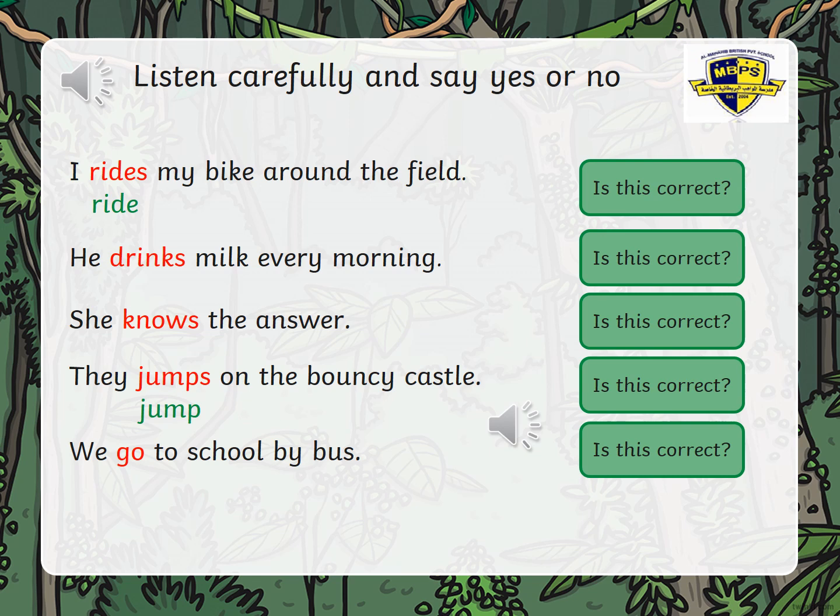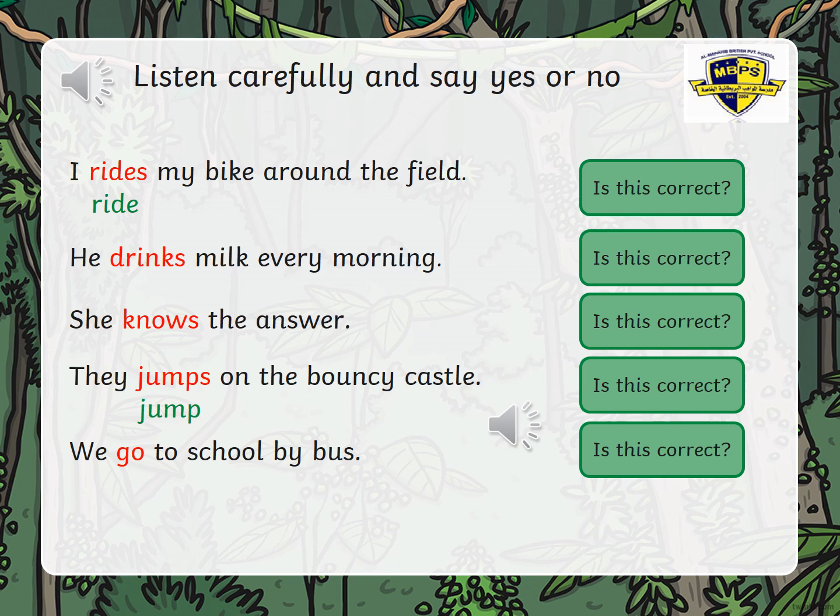Right. The next one. They jumps on the bouncy castle. Is this correct? Yes or no?